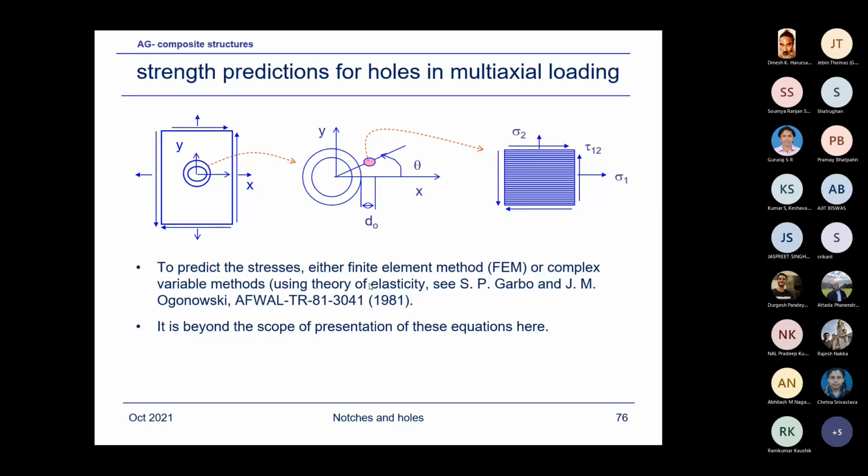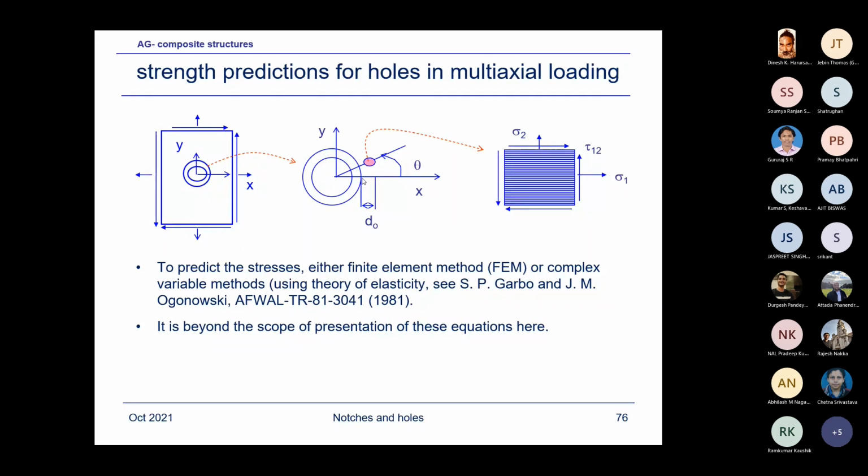In order to determine the margins for multi-axial loading, you consider the characteristic dimension D0. Suppose you have determined the characteristic dimension for uniaxial loading.